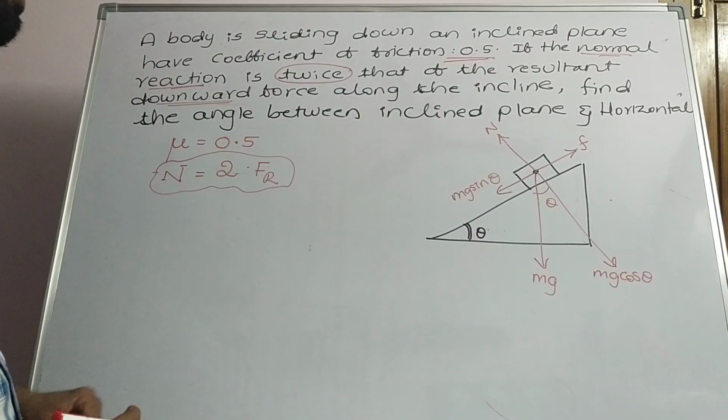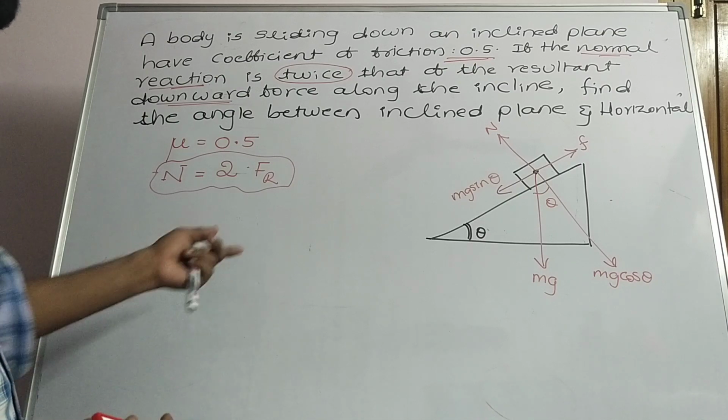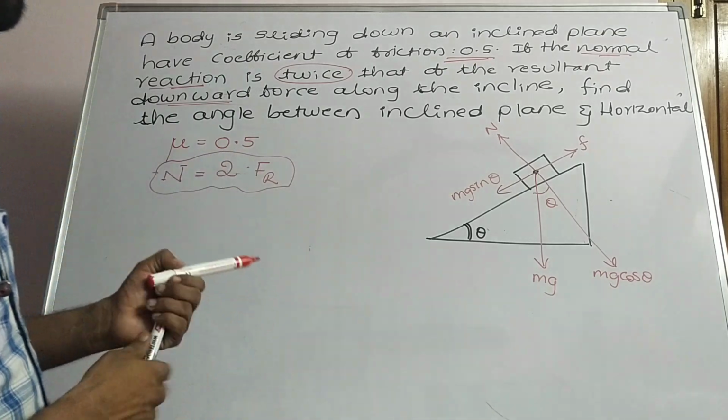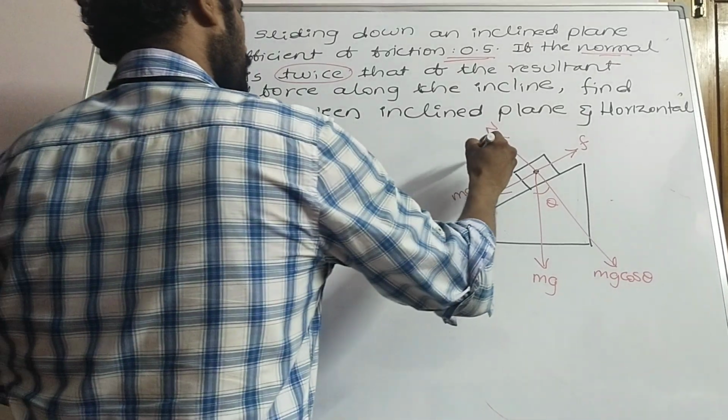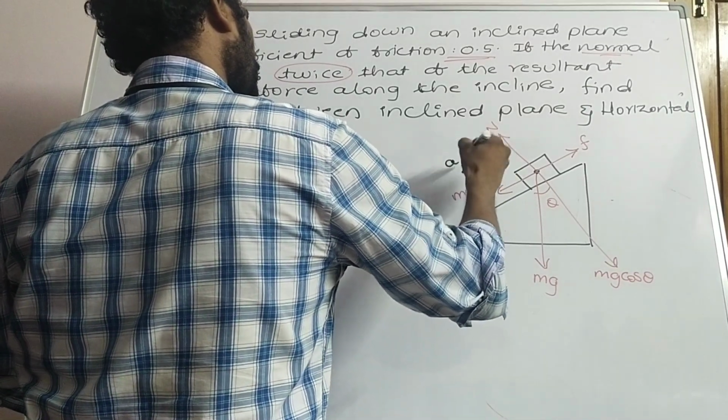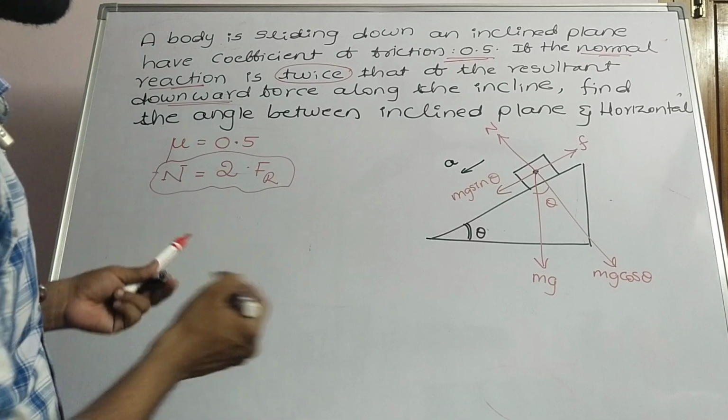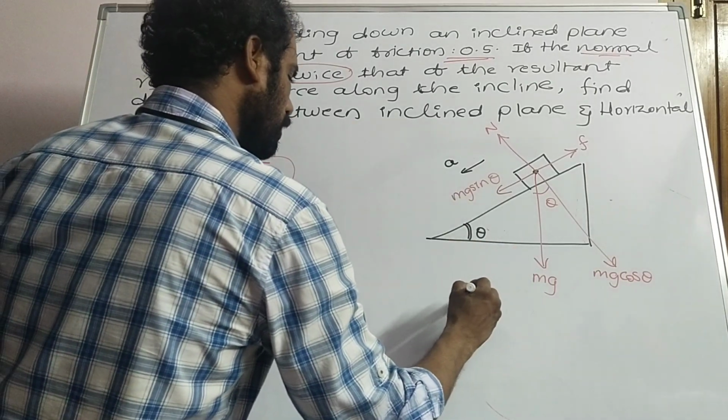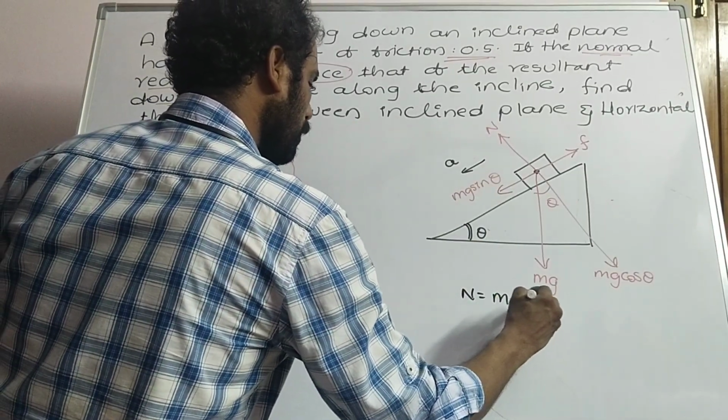So now, what about the resultant force? We have to write Fr is equal to mg sin theta minus F. Why? Because let us consider the body is getting accelerated. First of all, we have to write the perpendicular forces. N is equal to mg cos theta.